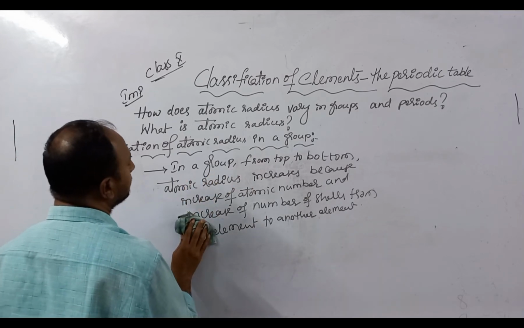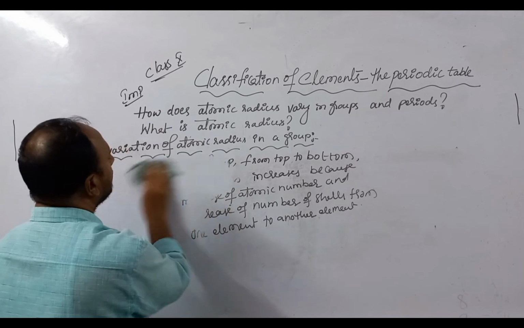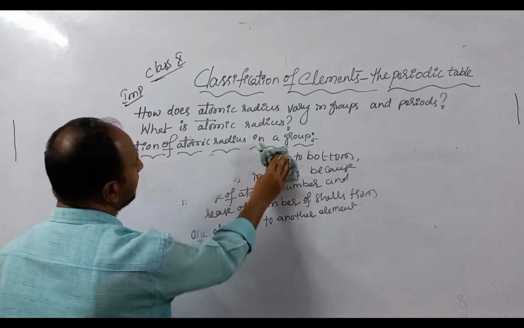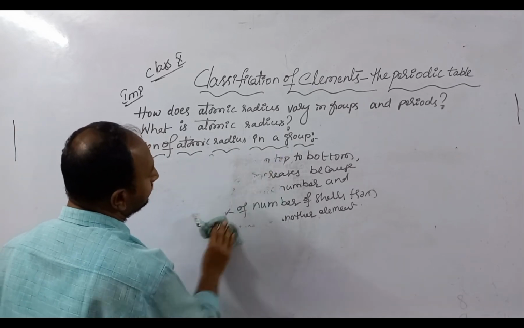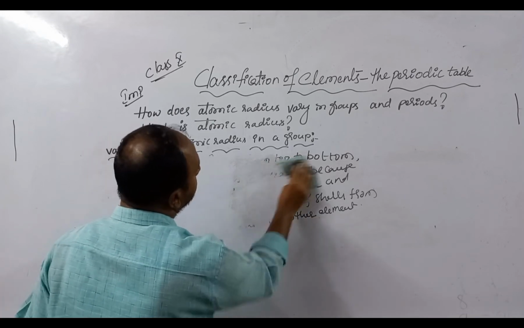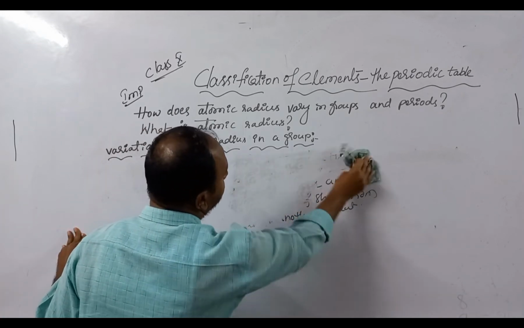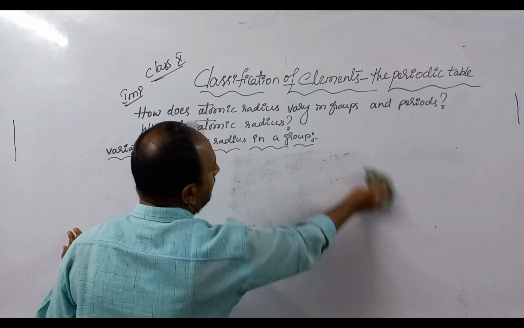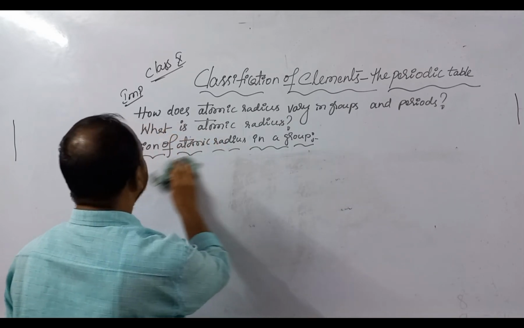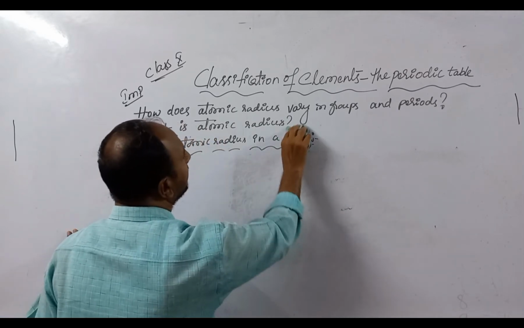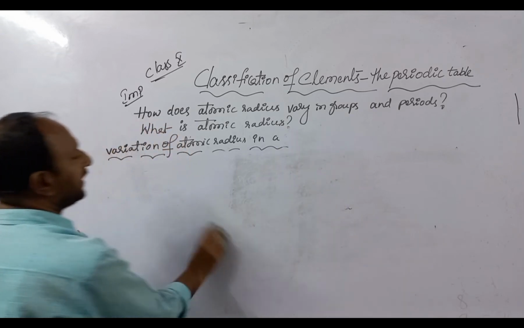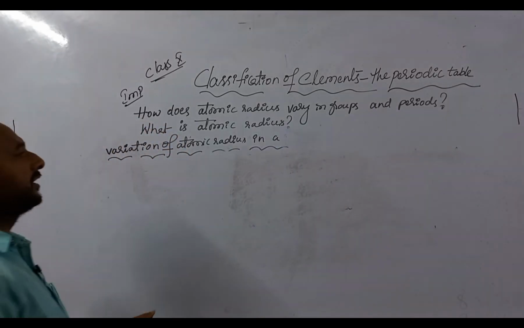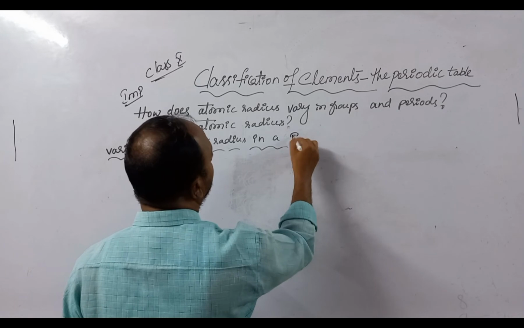Next, in a period, how does atomic radius vary from left to right? Now, variation of atomic radius in a period in the modern periodic table.